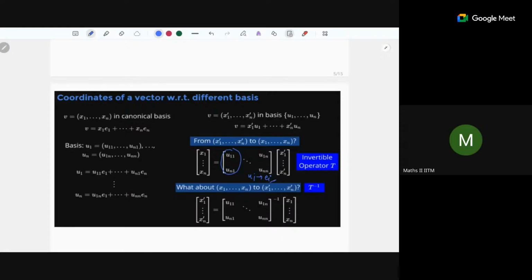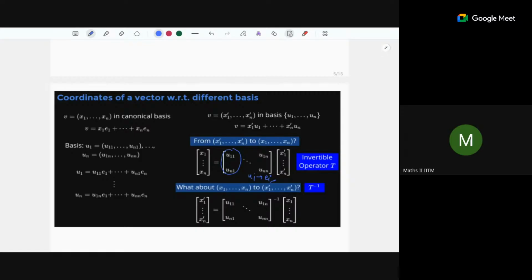If you want to convert vector coordinates from one basis to another basis, suppose from basis ui's to basis ei's, then you need to express each of the basis vectors ui with respect to basis ei's. Whatever coefficients that expression has with respect to each basis vector become the first column.